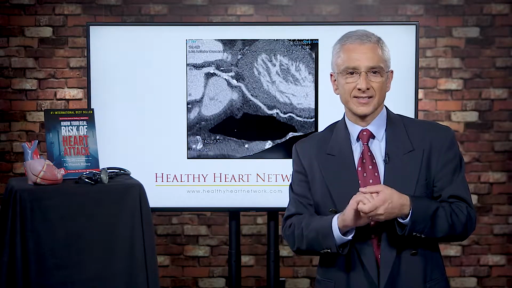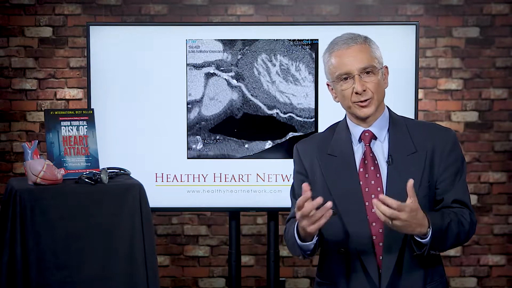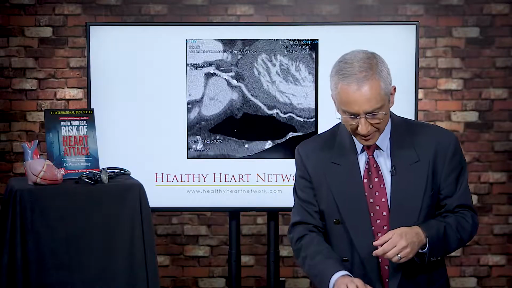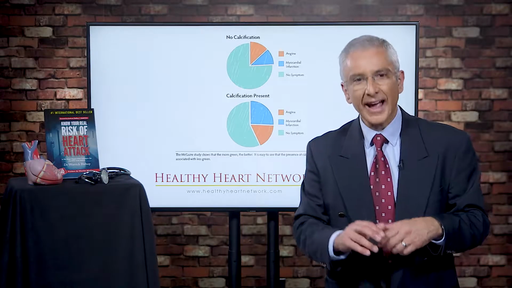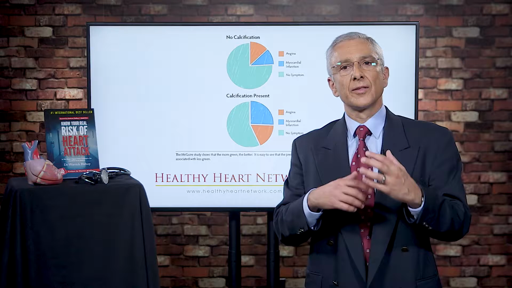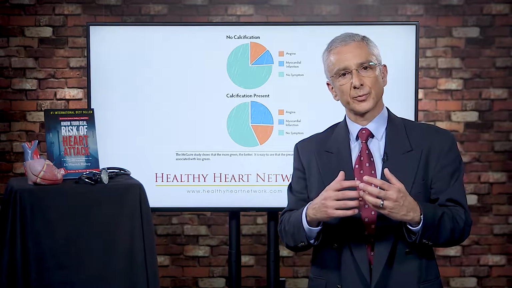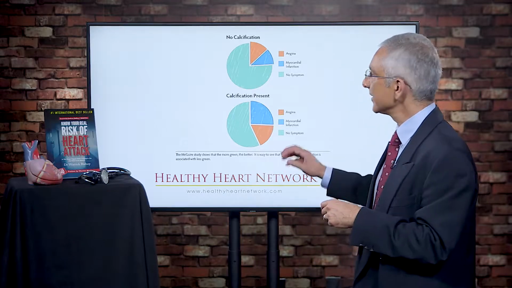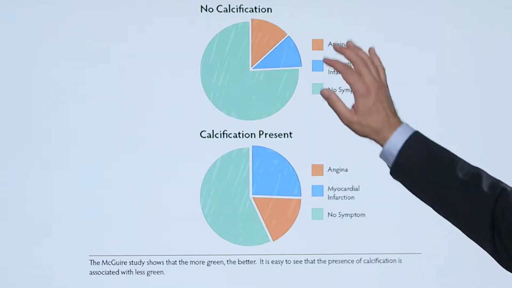But in 1968, a group of researchers led by a Dr. Maguire used special X-ray to image the hearts of people looking for calcium. They were able to image 100 people and compare the characteristics of those 100 people who had calcium versus people who didn't have calcium. And this is a summary of their results.